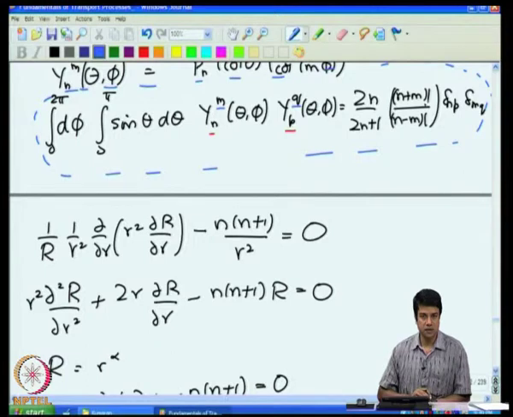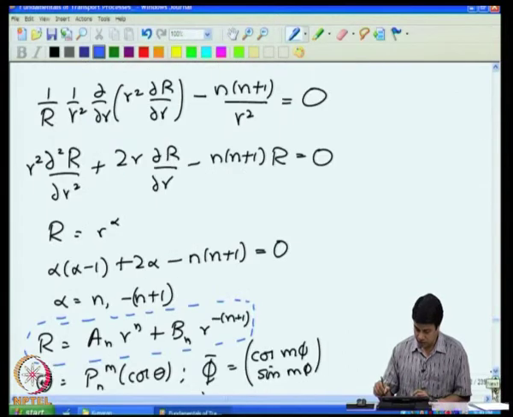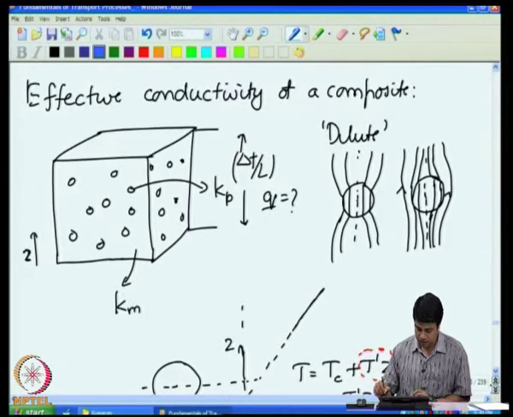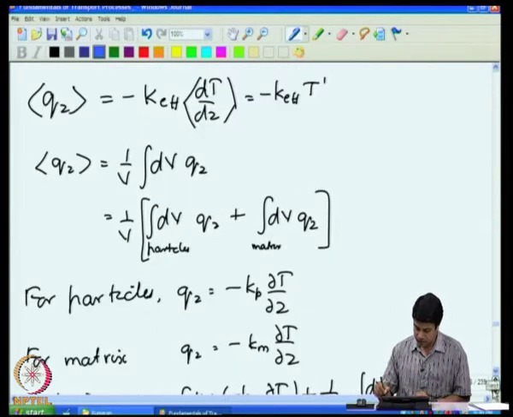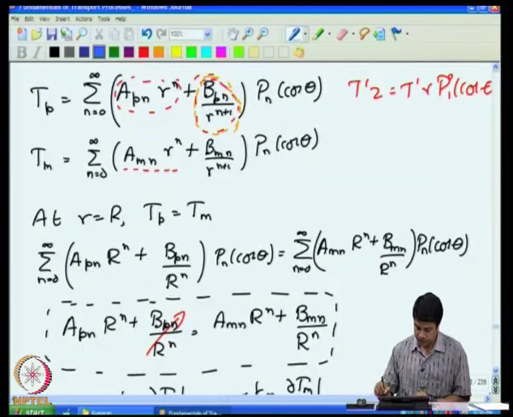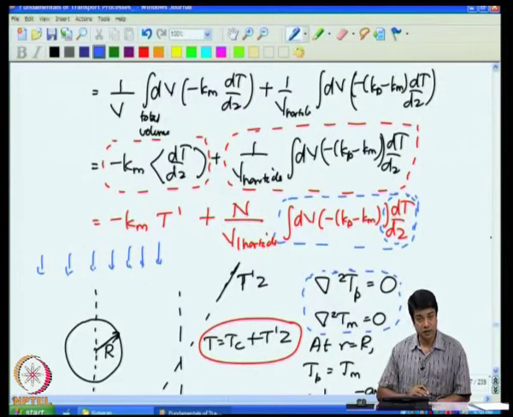So, using these orthogonality relations, we actually solved the problem of heat conduction in a composite which has spherical inclusions. If you recall, we did this problem of spherical inclusions and found a solution for the temperature field around a particle placed in a linear temperature gradient far away using spherical harmonic expansions.